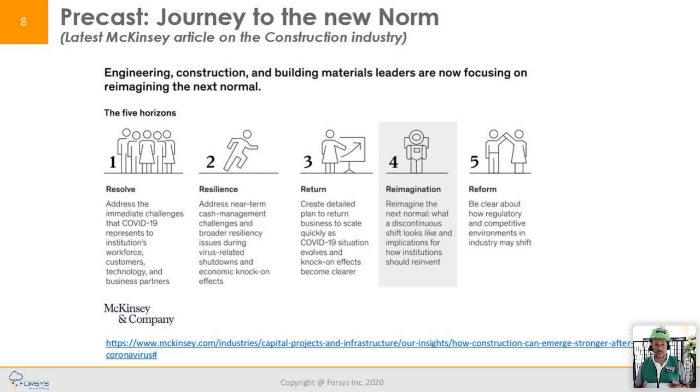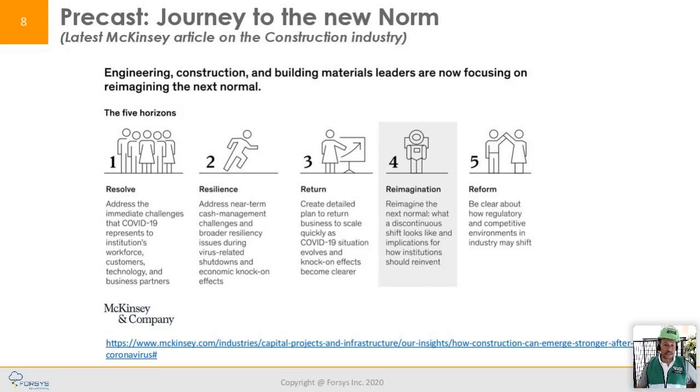This is about reimagining how we do business, where we do business, how we handle discontiguous operations, how we handle workforce issues driven by health or by regulation in terms of how the workers come back to work. And then how do we take this and scale? So we're going to talk today about topic number 4, which is about reimagining what the future could look like. So today's all about reimagining and going forward.